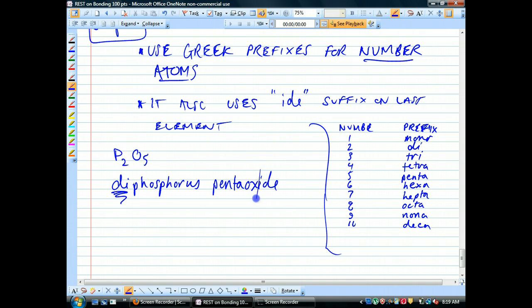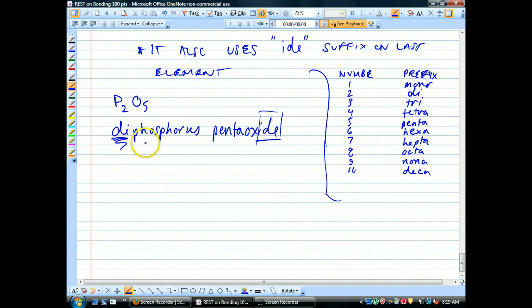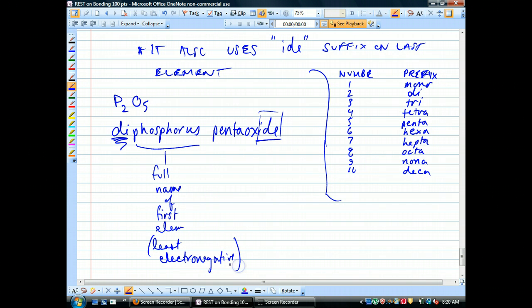Notice we're using the IDE just like with monatomic anions in ionic compounds, like sulfide, oxide, phosphide, and so on. We use the full name of the first element, which, by the way, is the least electronegative. The one with the lowest electronegativity, so if it's further left on the periodic table, or further down, it will go first.